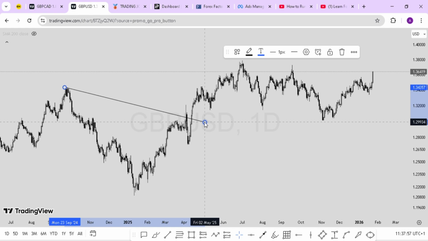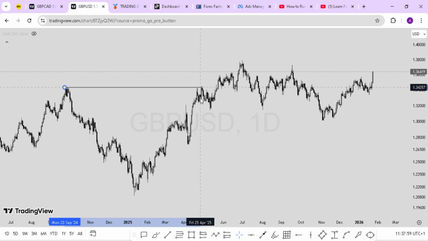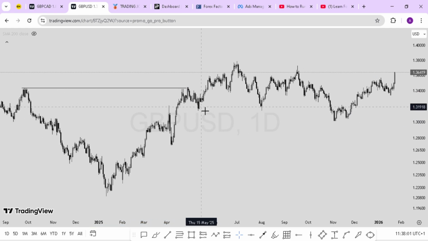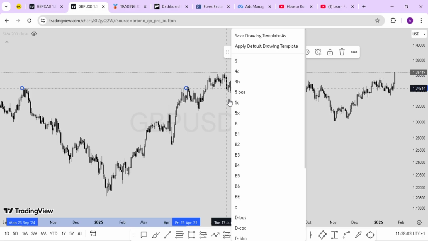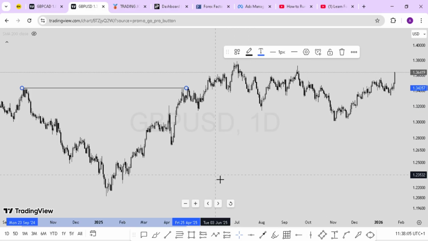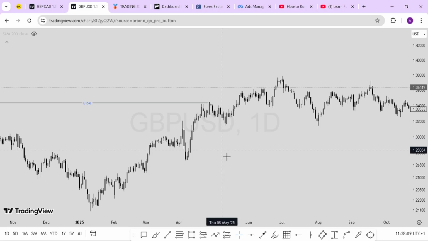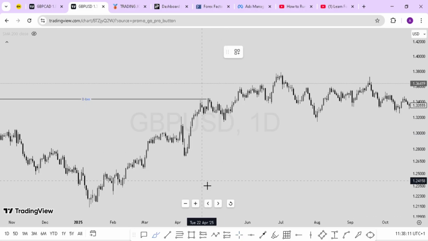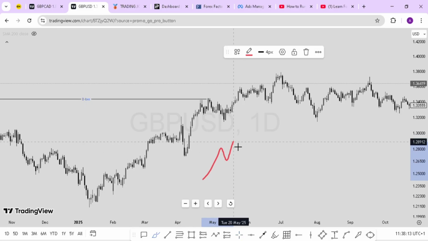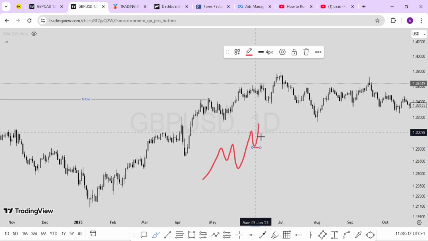Market closed above this high, and we have a daily break of structure from here. Based on our playbook, when market breaks structure like this, we wait for the pullback that the market created before or after it broke this structure, and want the market to come back for it, before we can confirm another structure.